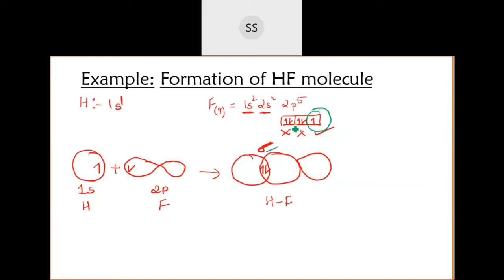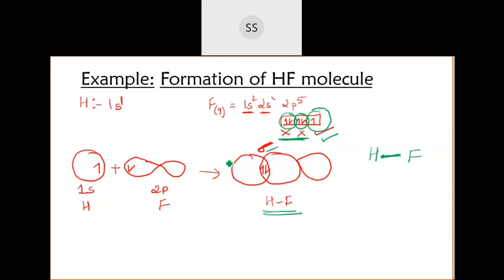The paired electrons in the p orbital do not participate in the bond formation. Only this one will participate. Like in a Lewis structure we write a single bond, but how that bond is formed we explain using VBT: the hydrogen atom has one electron in the s orbital and one unpaired electron is present in one of the p orbitals. They overlap together to form the HF molecule.